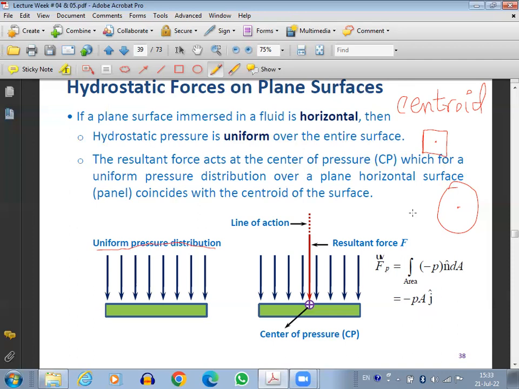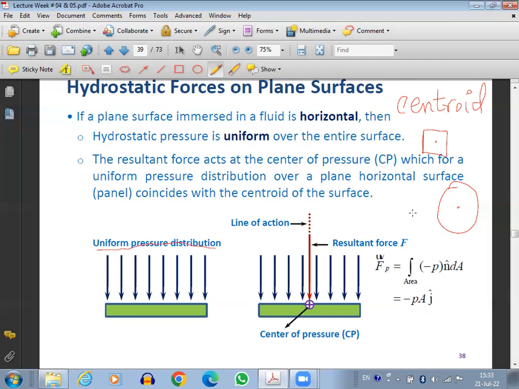If more mass is towards the right, the center of gravity is going to shift towards the right. This is something you studied in before intermediate or in intermediate, how to find the center of gravity. I think you also did a practical in physics on how to find the center of gravity of any object. So you understand that the center of gravity shifts with the mass. If the mass distribution is uneven, the center of gravity would shift.